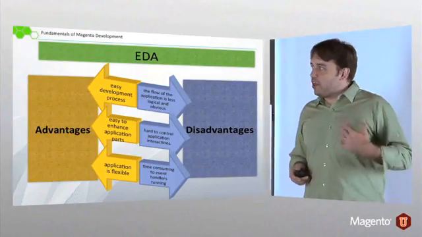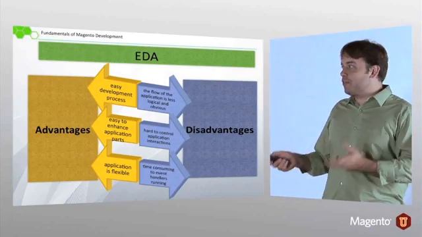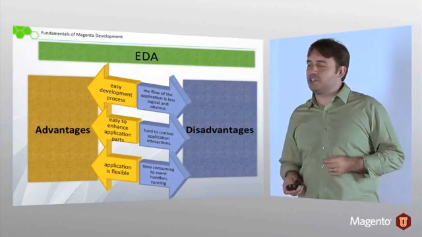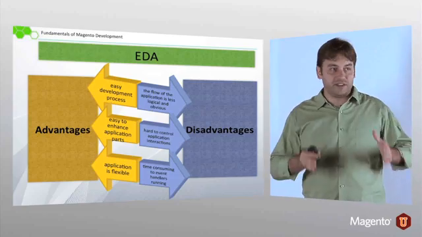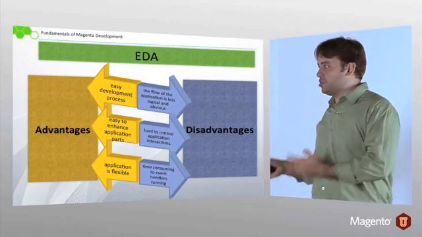It may not be immediately apparent from stepping through the code. So it's just another place that you have to debug. That's the big disadvantage. The other disadvantage is that having this system dispatching events and checking to see if there are any observers is just more processing load.